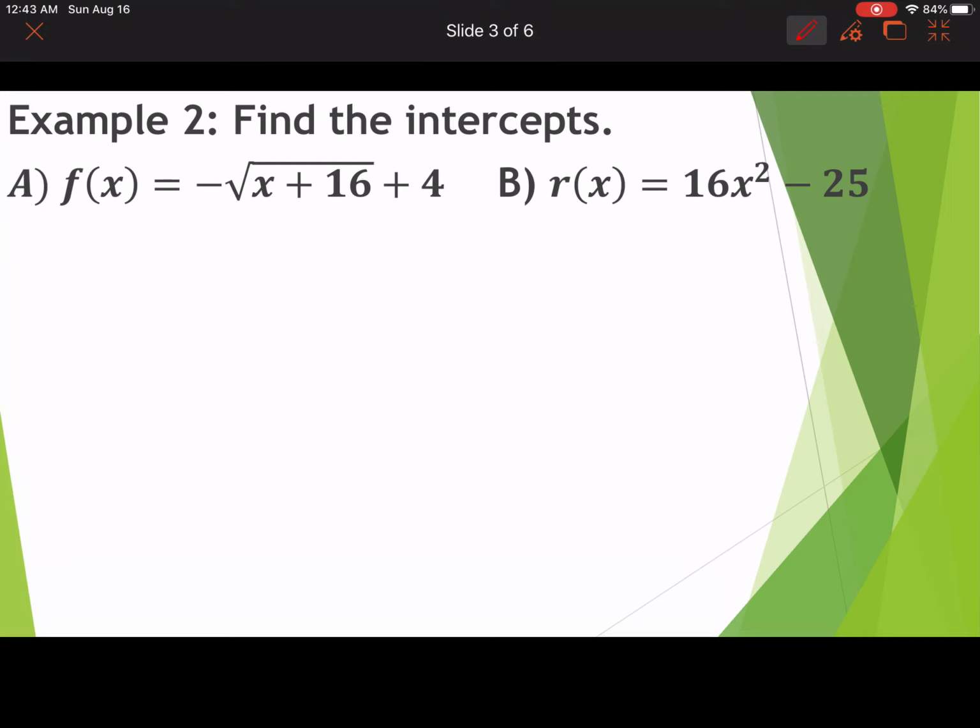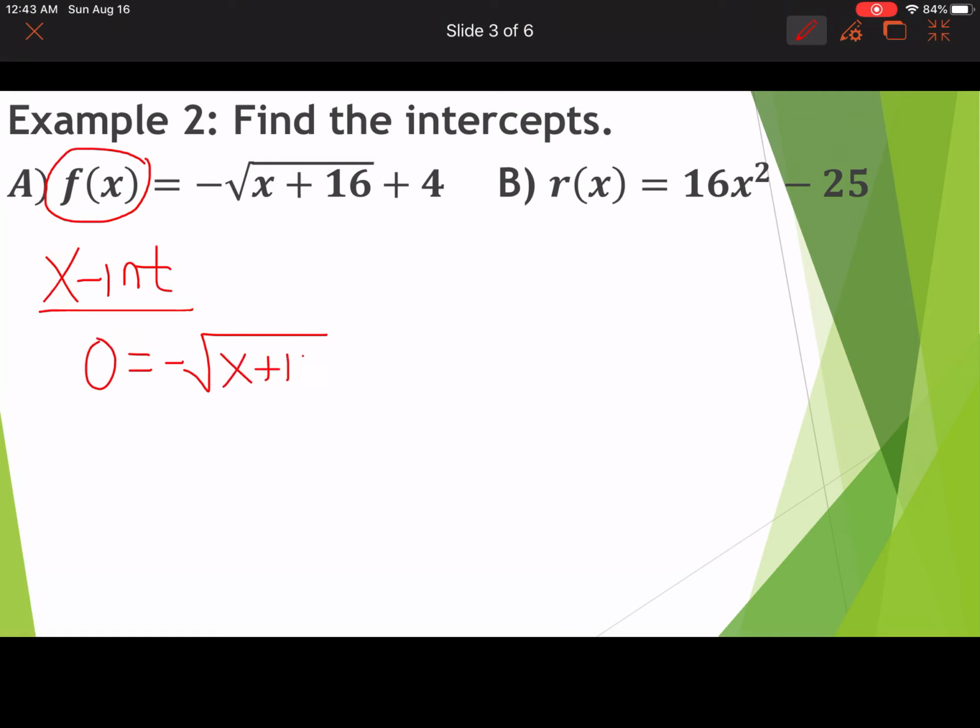So notice that this parabola, because our y-intercept is positive, we know that, and our x-intercepts, and we actually do have x-intercepts, we know that this parabola is facing down.